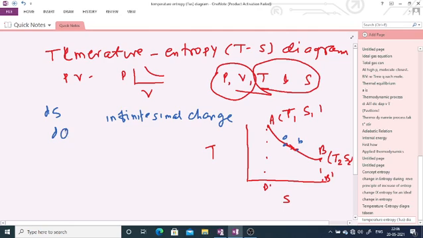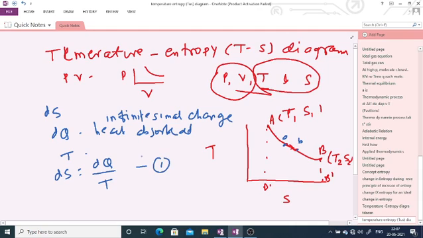So dq is a small amount of heat absorbed at the temperature T. So there is a small change in entropy. According to the second law of thermodynamics, we got ds is equal to dq upon T. Now here we can write dq is equal to T into ds.